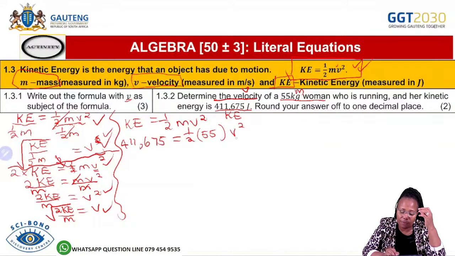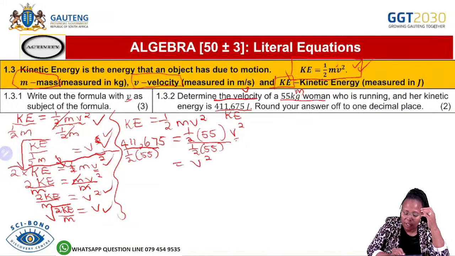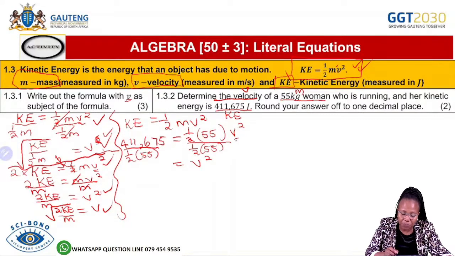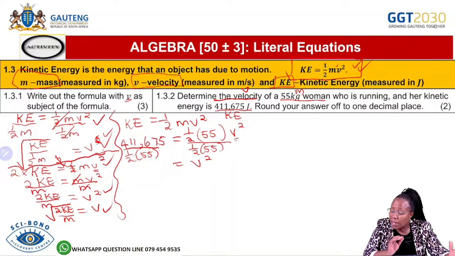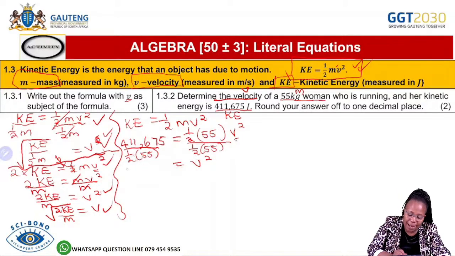We know that we are looking for this v here, and then you divide both sides by half 55, and also by half 55 this side into your calculator, grade 12. And then if you divide both sides by that particular number, you'll end up, you can leave it in a fraction form, it's fine, or you can put it into your calculator, and then that will give you something like 14.97, okay?